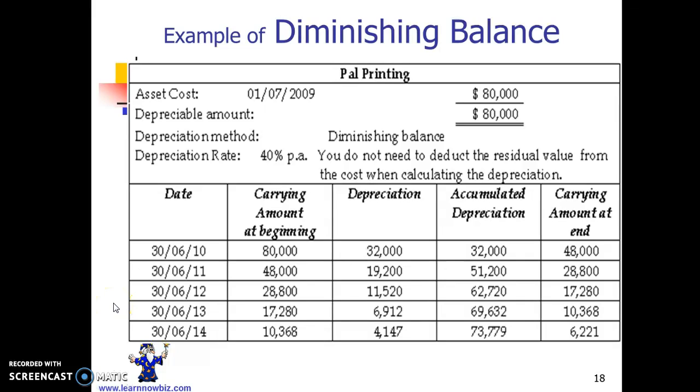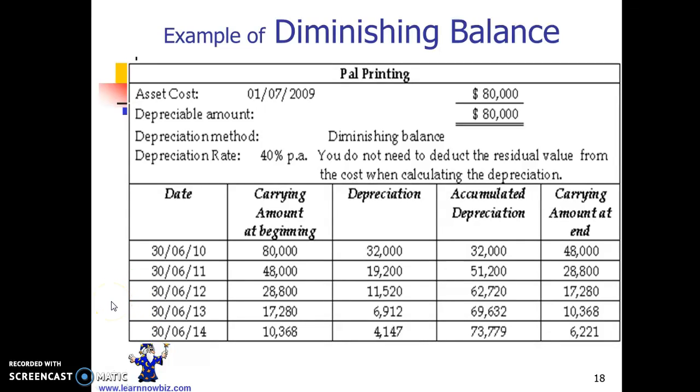The depreciation for the 2 years then is 32,000 plus 19,200, which is 51,200. So the carrying amount at the end of the second year is 80,000 minus 51,200.